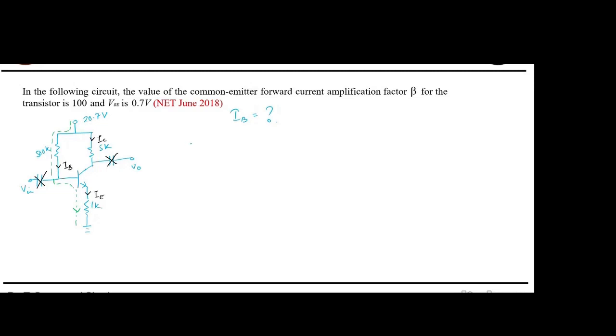Okay, just tell me the equation. Can someone tell me? Just try. Even if there is a mistake, it's fine. Tell me the equation. 20 minus 500K times IB, minus VBE, minus IE times 1K. Okay, so now what can you substitute here?